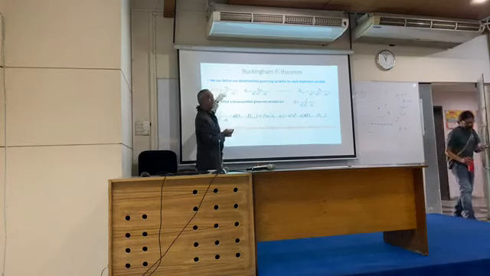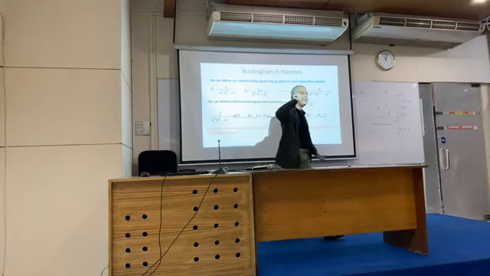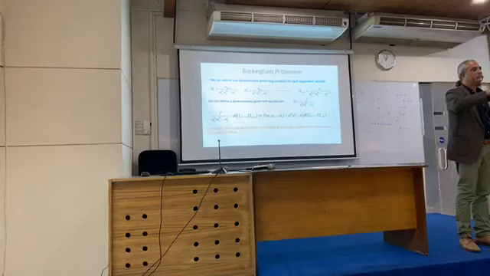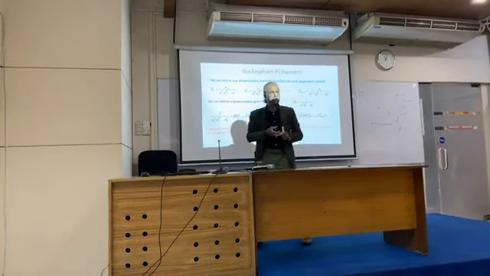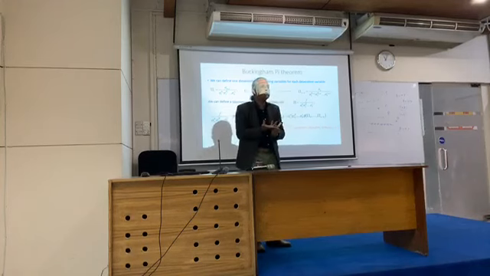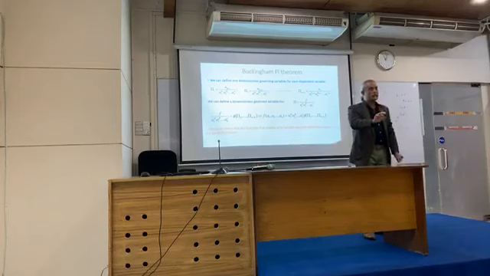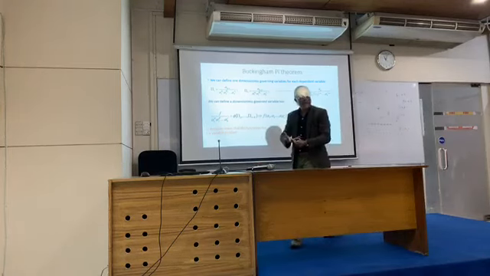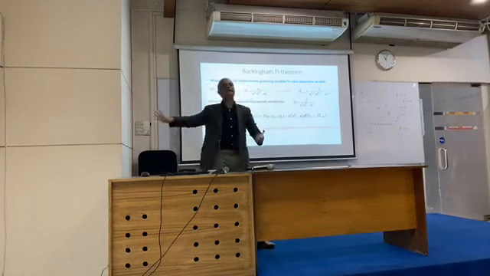Since this and this have the same dimension, pi1 is a dimensionless quantity. What does this dimensionless quantity mean? Do you know what a dimensionless quantity is? A dimensionless quantity is a quantity whose numerical value does not vary upon passage from one unit of measurement to another.